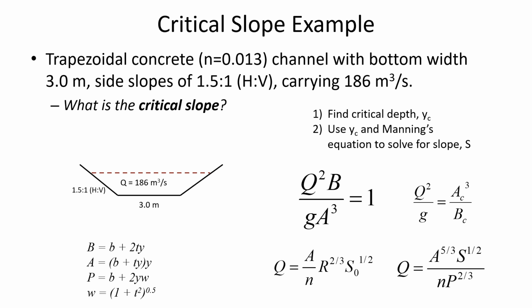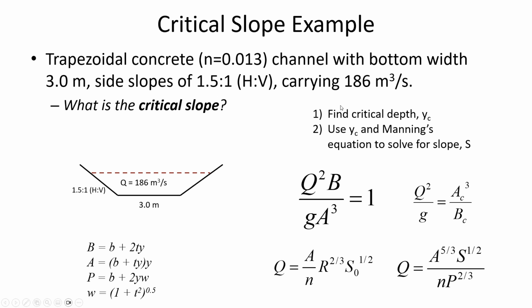But if we had a steeper slope, then the water would move at a higher velocity, the depth would be less than 4.12, and conditions would be supercritical. If we had what's called a mild slope, which means less steep than the critical slope, then the depth would be greater than 4.12 meters, and conditions would be subcritical.